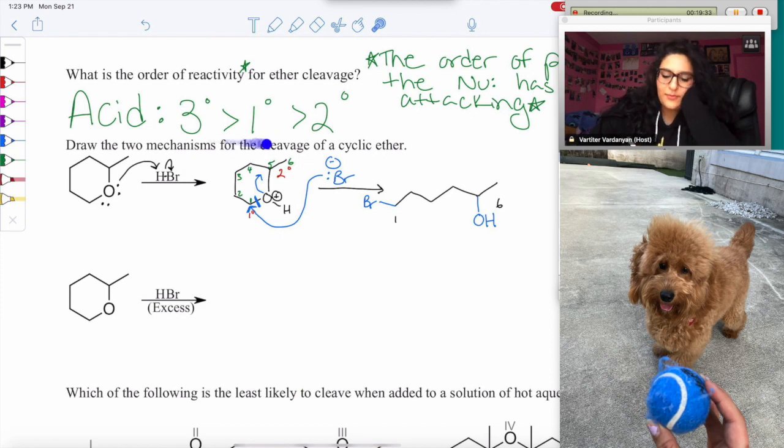And then once we break open the chain, since we attacked this position, it will open towards the secondary side. So our bromine will end up on carbon 1 and our OH will end up on carbon 5. Any questions?